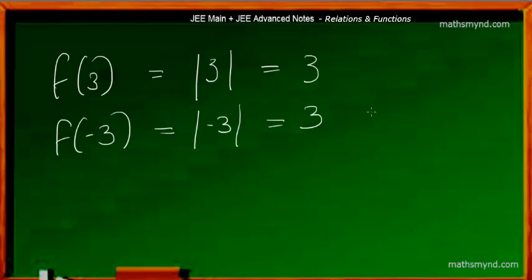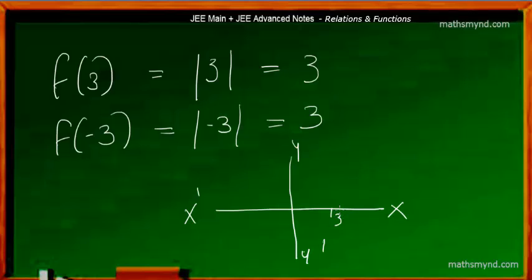we are getting positive real numbers. So it simply means that when you graph it, you'd be dealing with the positive side of the y-axis. If the input value is 3, naturally the output will be 3.